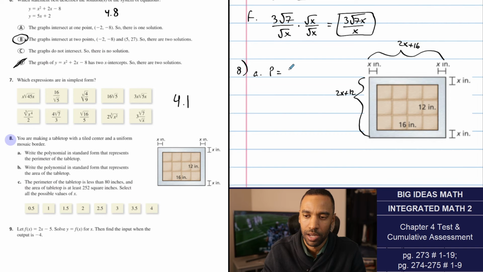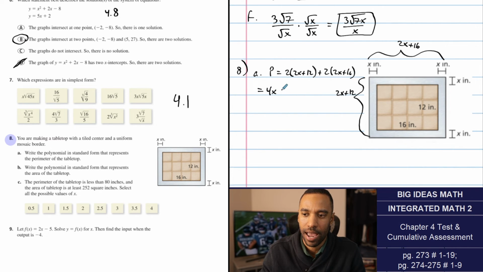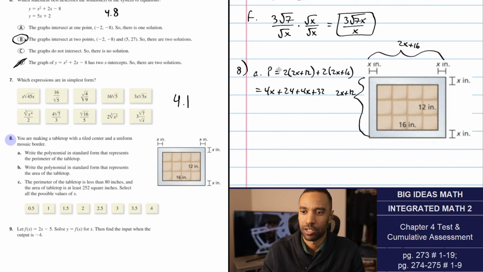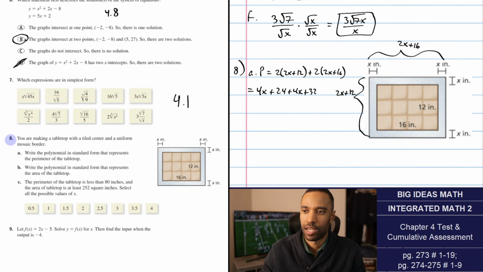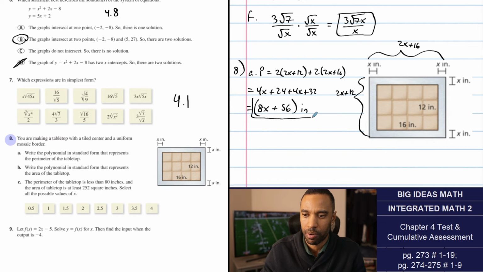So the perimeter is 2 of the 2x plus 12s plus 2 of the 2x plus 16s, which is 4x plus 24 plus 4x plus 32. Which is 8x plus 56. This is in inches. And there's your perimeter.